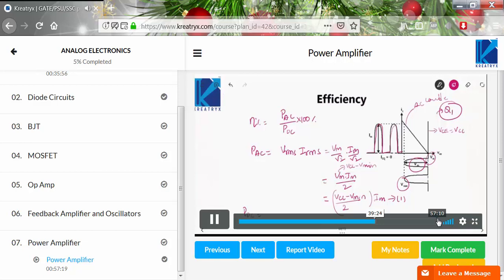Here this voltage is VCC. PDC is nothing but VC into IC, but VC is 2 times VCC. What about IC here? It is half sinusoidal. For half sinusoidal, the average value is IM by pi.